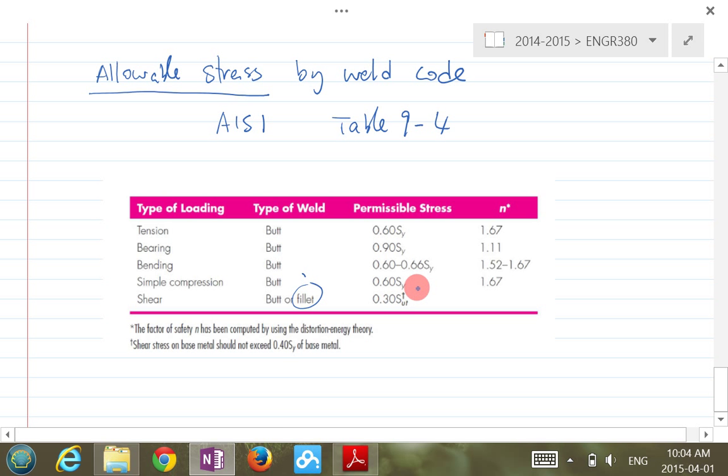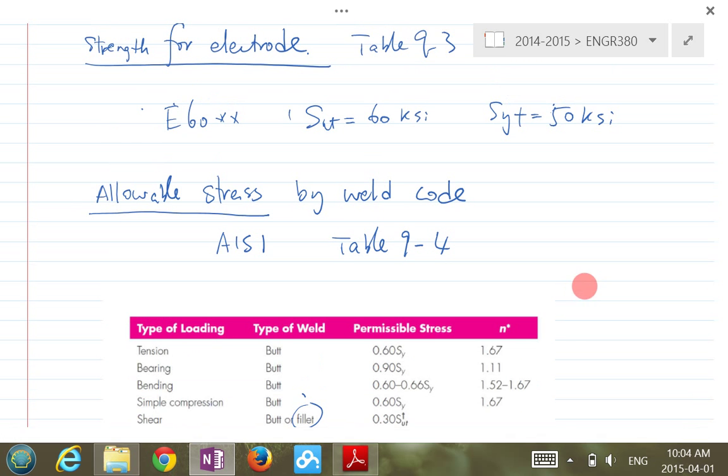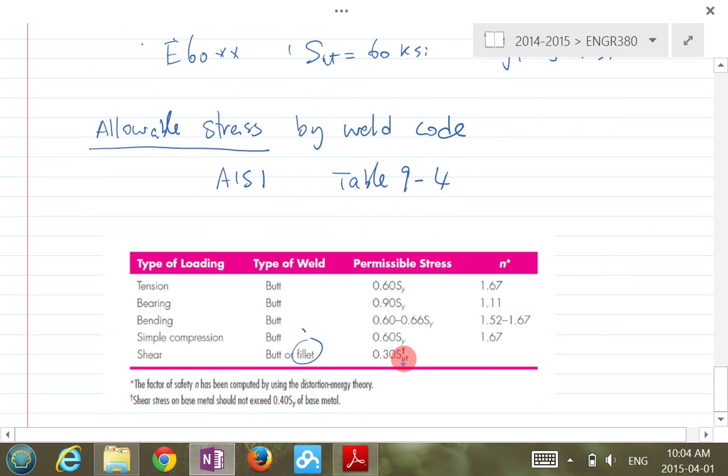You have the electrode material, for example this. Then the allowable shear stress for a fillet is 0.3 times 60, which is 18. So basically, this table gives you a built-in safety factor. This is 0.3, a built-in safety factor.